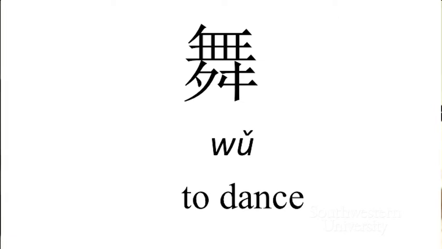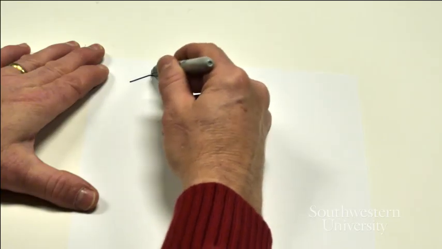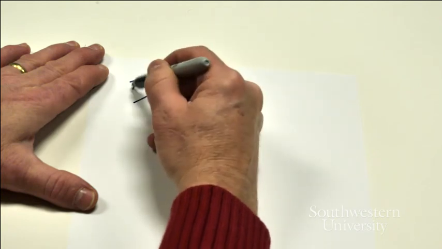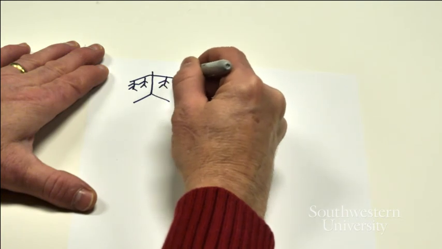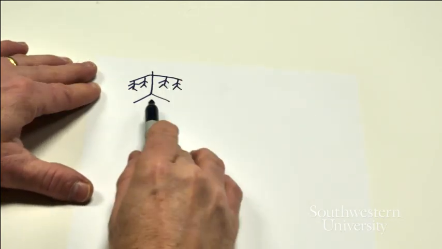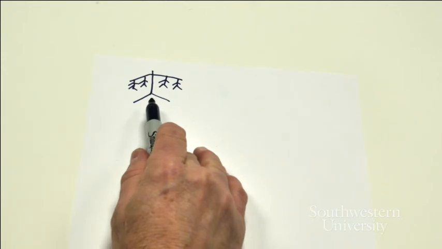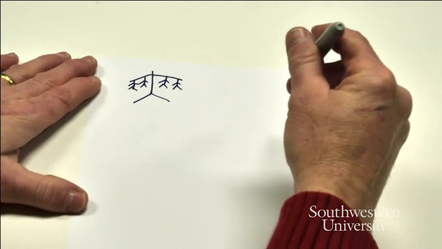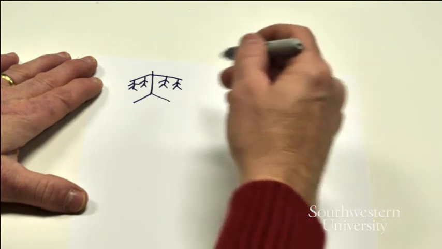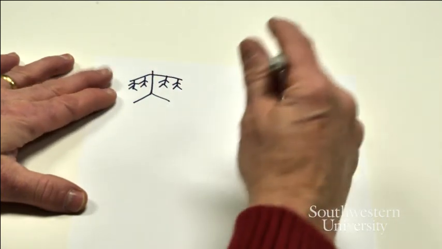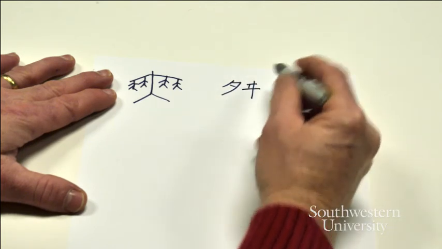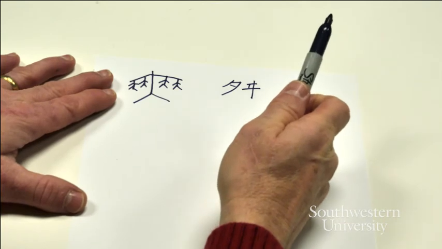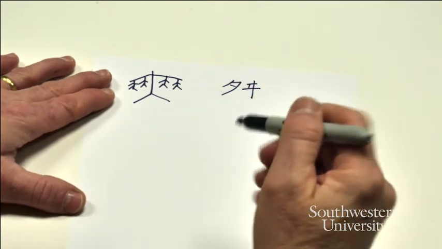Ooh, I will do an attempt of showing the old form of this. It looked actually something like this, if I recall correctly. So this is a depiction of a dancer, like a shaman or a medicine man dancing to get someone well. So the top part shows those fringes. The bottom part shows 2 feet, one pointed one way, one pointed the other, and highly stylized.